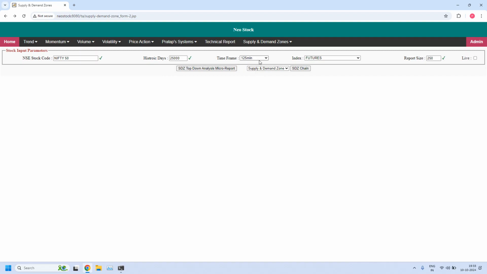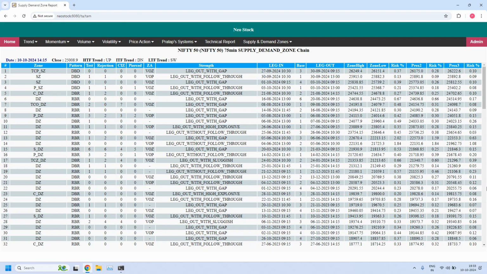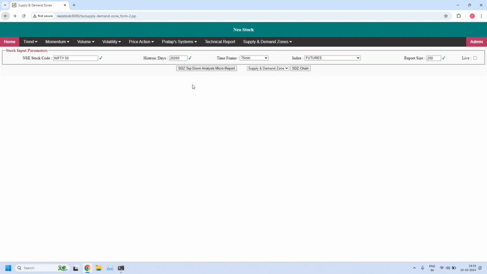Next time frame is 75 minutes, generating 75 minutes chain. Next time frame is 25 minutes, generating 25 minutes chain for NIFTY.